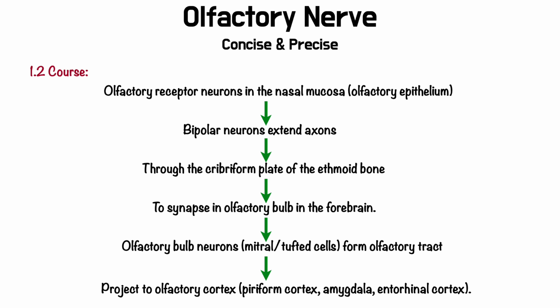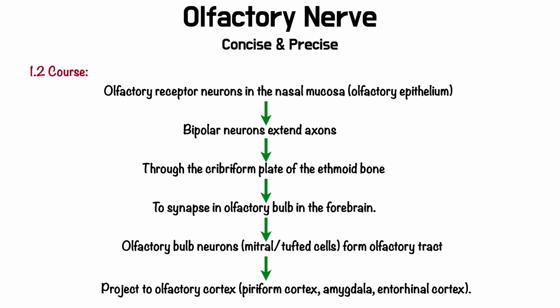They synapse in the olfactory bulb in the forebrain, and then these olfactory bulb neurons, that is either mitral or tuft cells, form the olfactory tract, right? And anything that is sensed by the sensory system, that is smell, has to be interpreted in the brain to recognize what smell it is, to register a new smell.